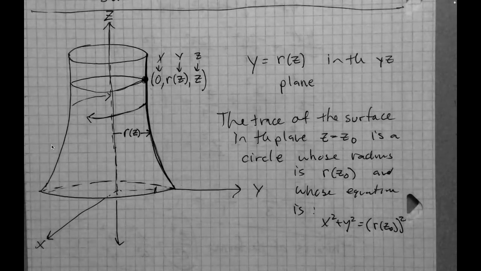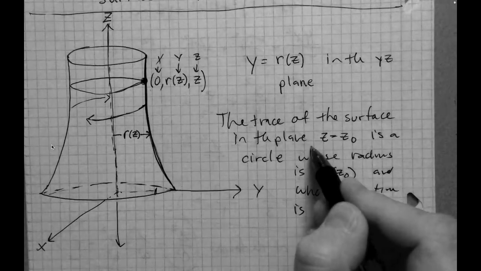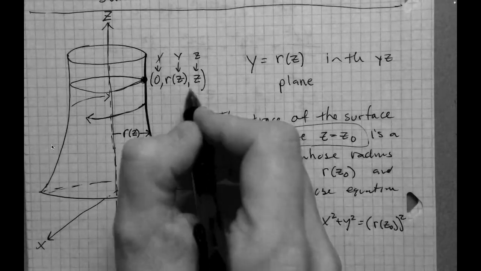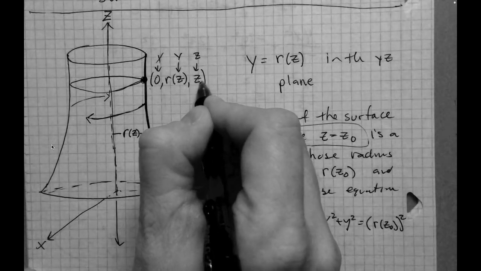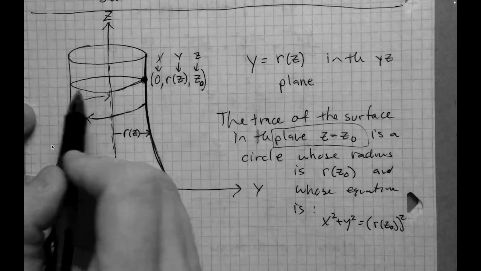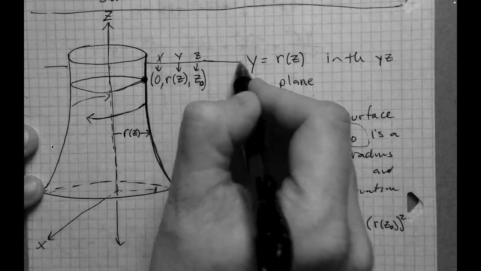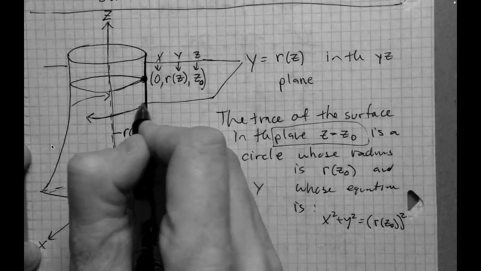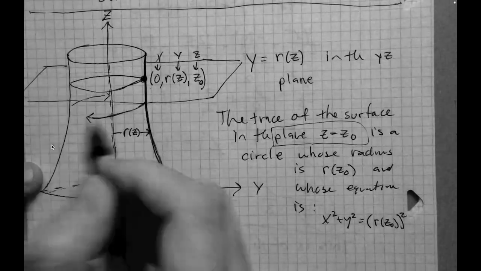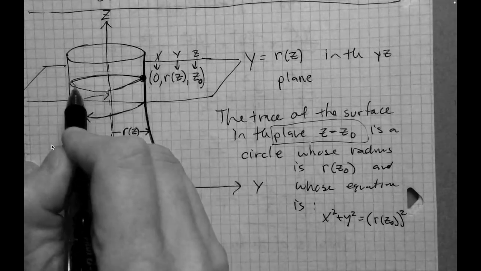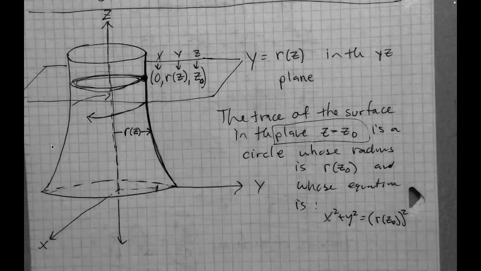Hopefully this is clear, this z equals z0 plane. I want to make sure that's clear. So let's imagine this is z0. Then there's a plane that is defined here, and this circle here happens to be in that plane.